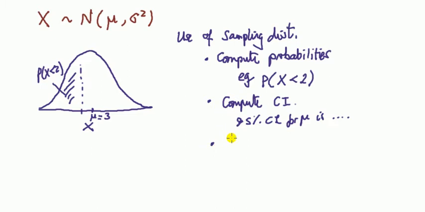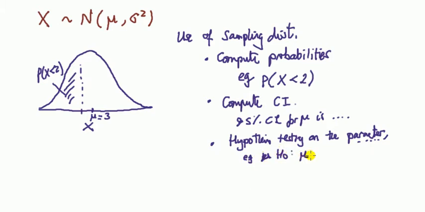And we can use it to do hypothesis testing on the parameter. Okay, that word I've just chucked in there. The parameter being the population parameter I'm interested in here being mu. So I could say, for example, the null hypothesis is that mu is actually equal to 5 or something like that.